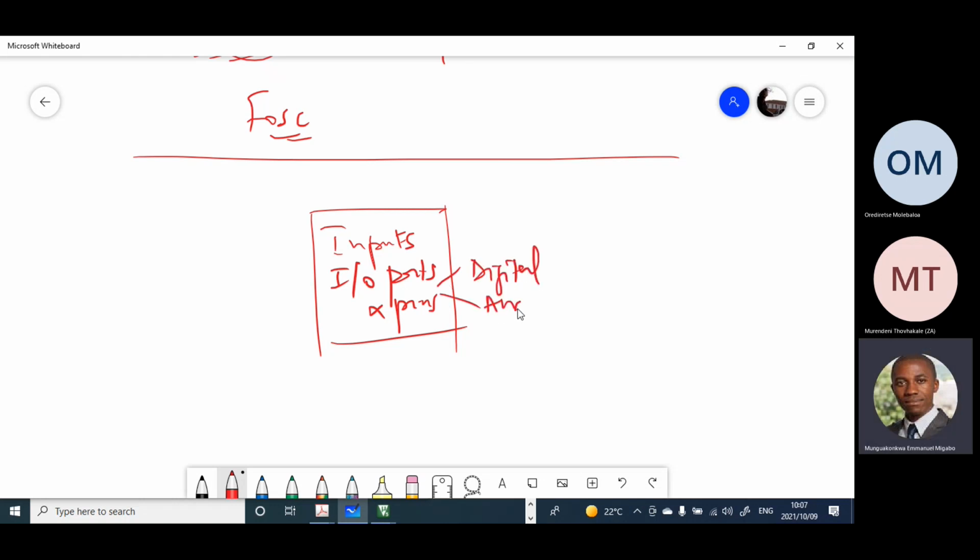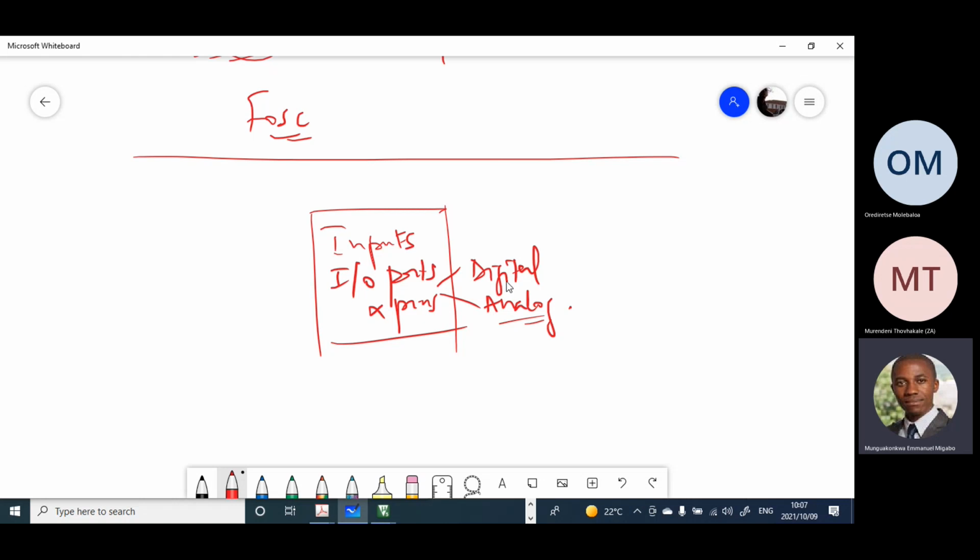In modern microcontrollers like the one we are using, you can also have analog inputs. That is mostly the major input interface when it comes to a microcontroller.